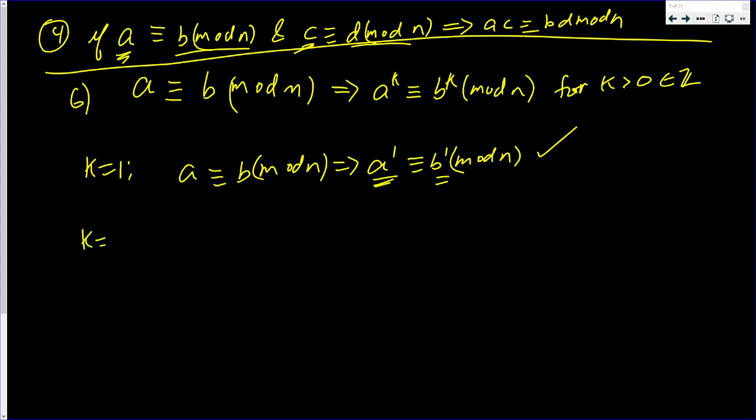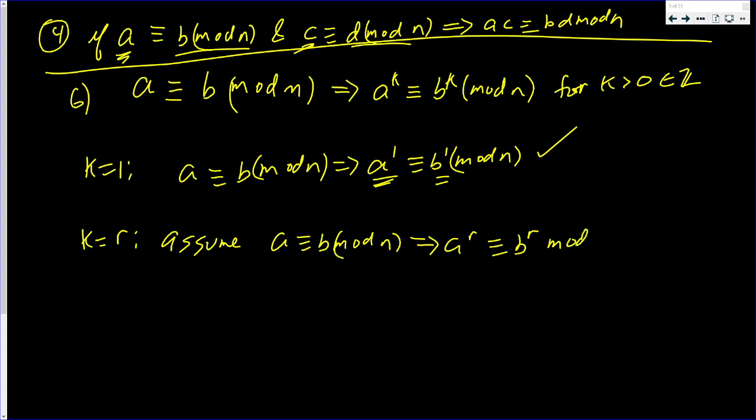Now, for k is equal to R, assume that A congruent to B mod n implies that A to the R is congruent to B to the R mod n.